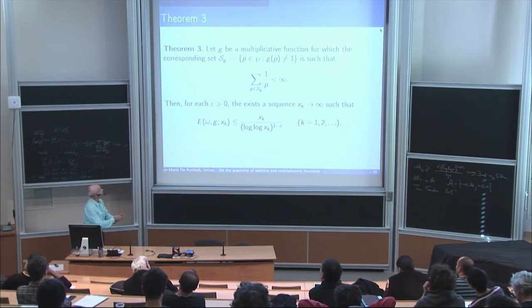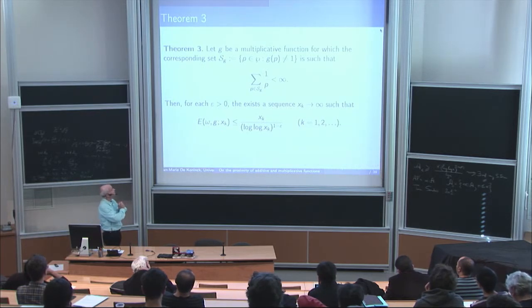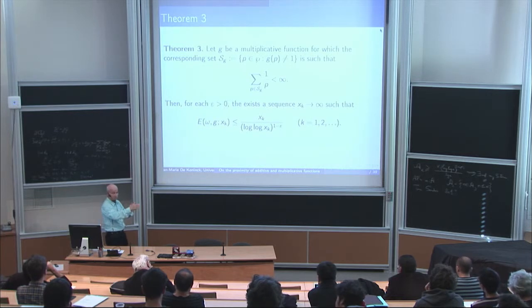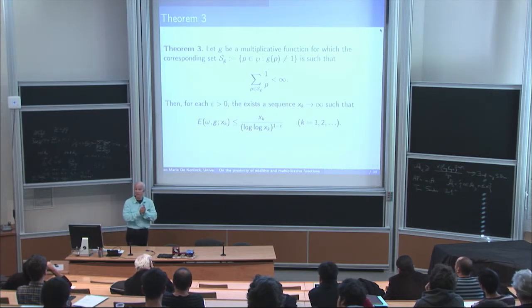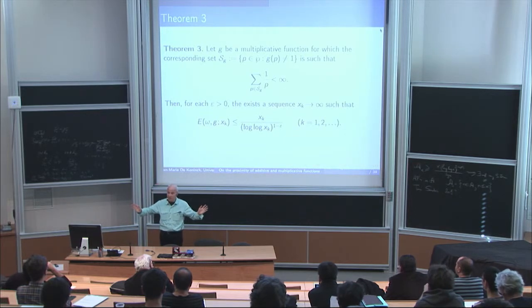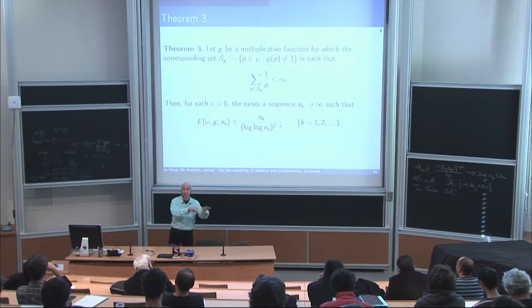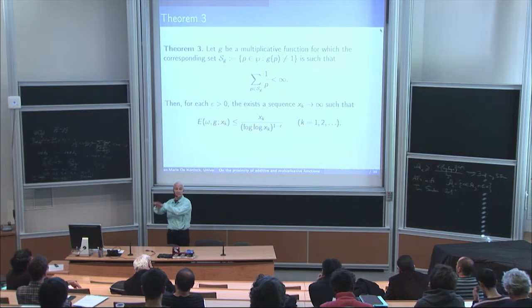This says that, remember, when we constructed our set of primes, we defined g of p to be 1 almost all the time, except that on a particular set of primes S, we picked it at one time to be j, at one time to be zj.